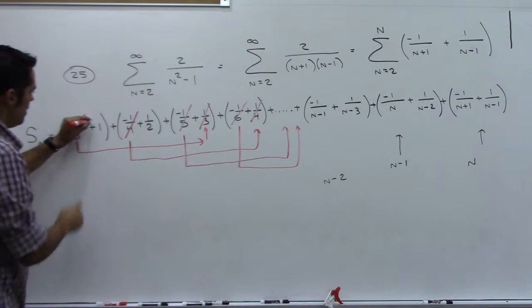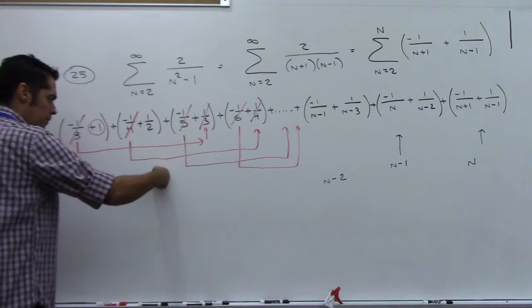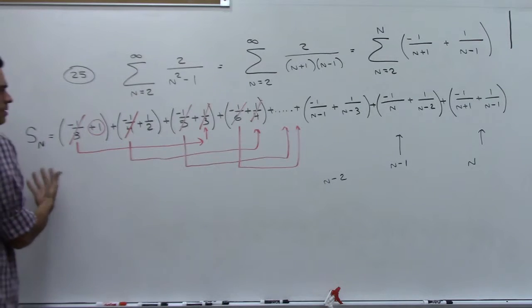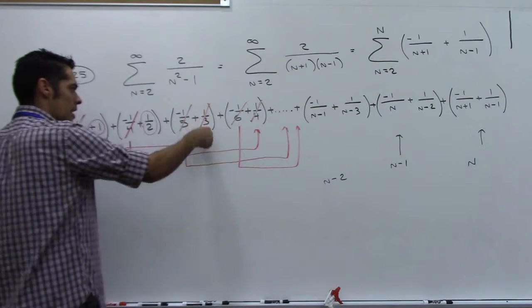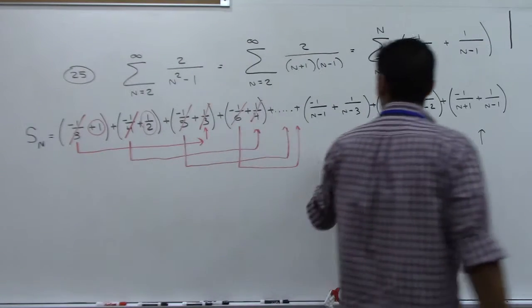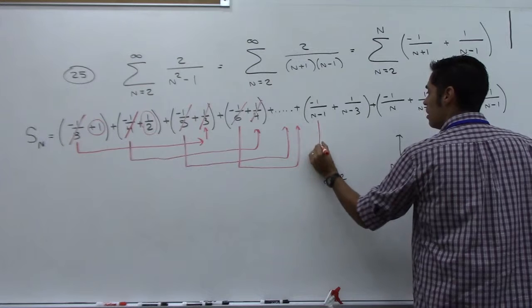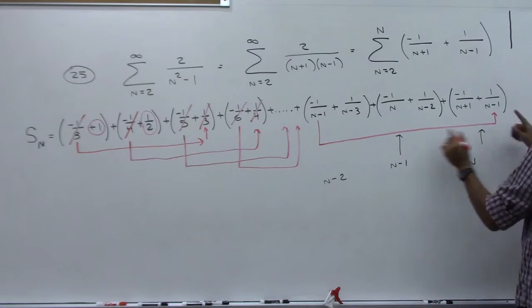So this number stays. Nothing touches that one. I need to be able to go 2 in front, which, again, I can't. So that stays. This second number, yes, it did get killed off by that one. And now I come over here and do the same thing. The first number should get killed off by the second number 2 away, which is here.